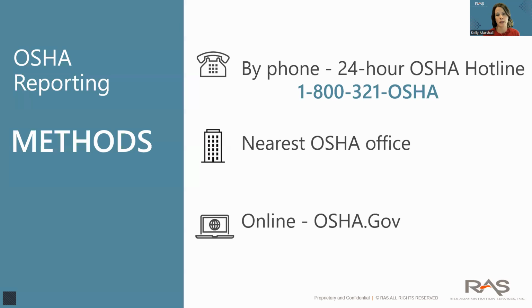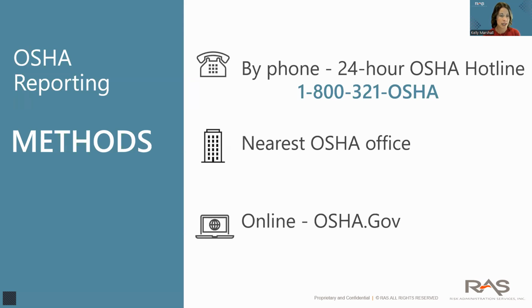OSHA 300 logs, on the flip side, that need to be reported and recorded annually can be submitted online as well via OSHA's injury tracking application, often referred to as their ITA. Here you can manually enter your data, or you can upload a file. They also have electronic transmission of that injury tracking data if you have an application with that programming interface loaded as well.